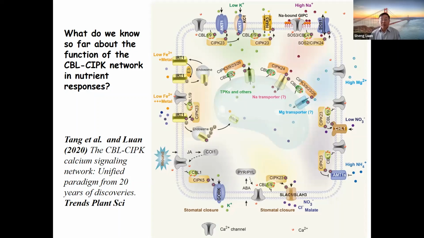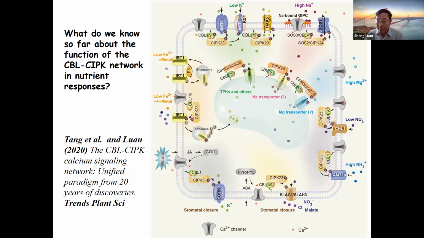That's a good question. ROS and calcium always go hand in hand, as they say. They form some kind of feedback loop. In many cases, it's hard to say which one is upstream and which one is downstream. They go back and forth and form this cycle, a feedback loop, as they call it. In the case of immunity, many people believe calcium is probably upstream because this ROS release enzyme requires phosphorylation and activation by CDPKs.